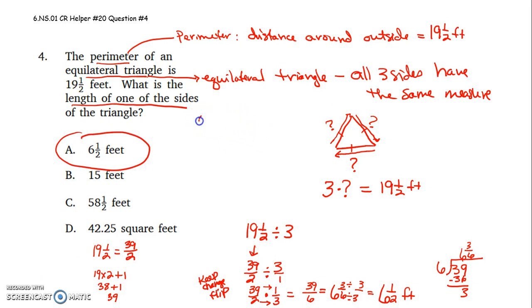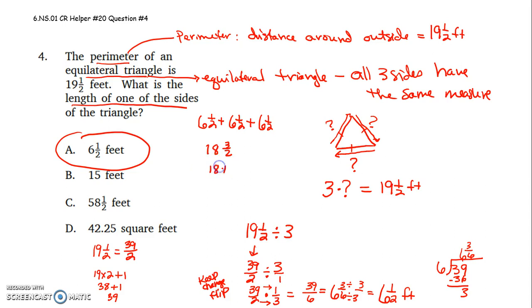And I guarantee you, if you take 6.5 plus 6.5, this is how we find the perimeter, plus 6.5, I'm going to come up with 19.5. 6, 6, 6, that gets me to 18. 1 half, 1 half, 1 half, that would get me to 3 halves.